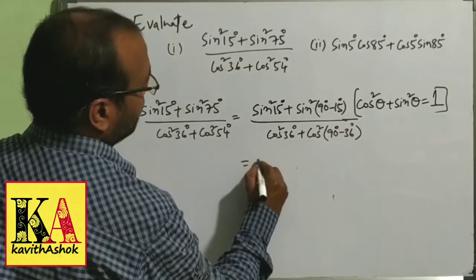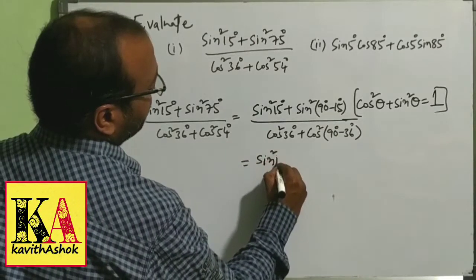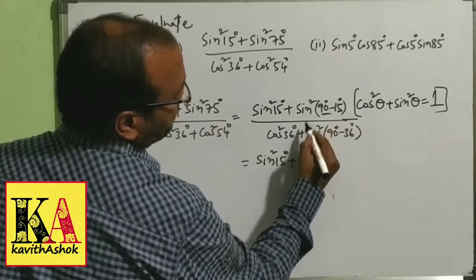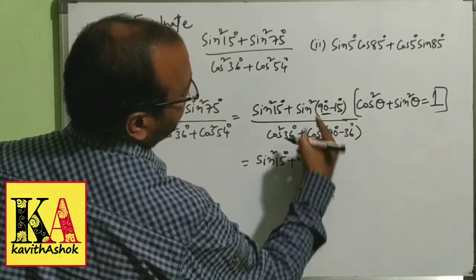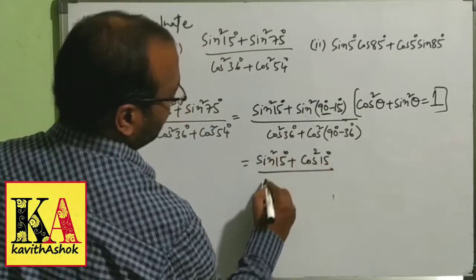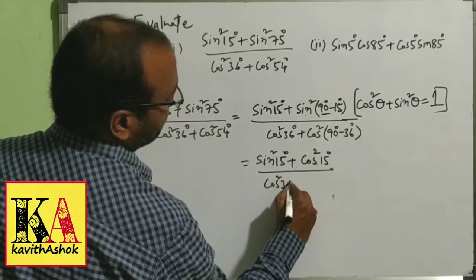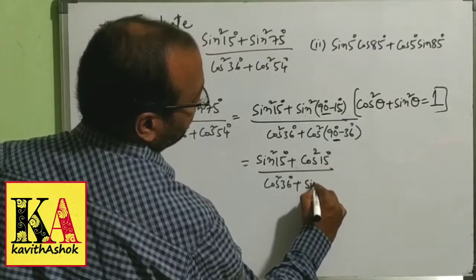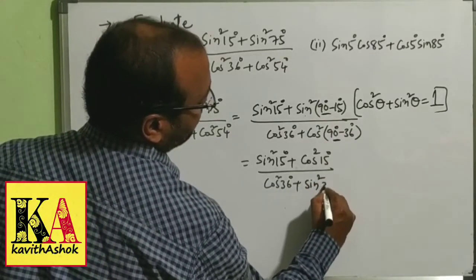Now this is sine square 15 degrees plus, 90 is there, so sine changes to cos. So cos square 15 degrees by cos square 36 degrees. Here again 90 is there, cos changes to sine. Sine square 36 degrees.